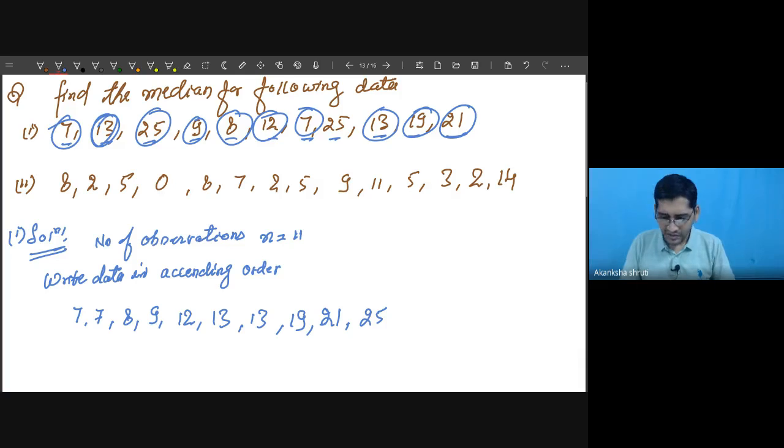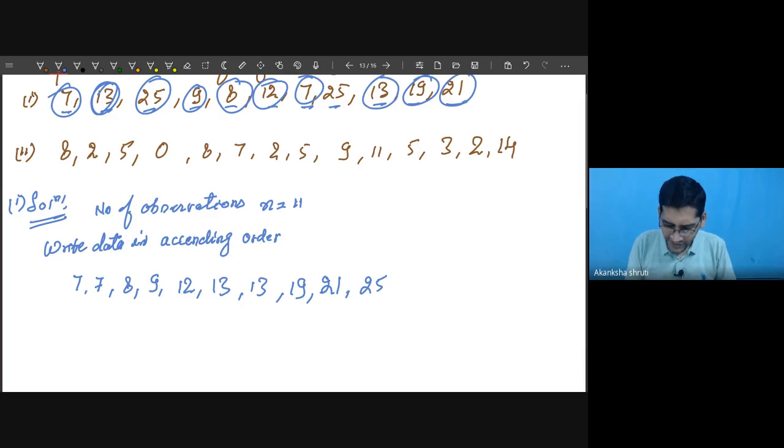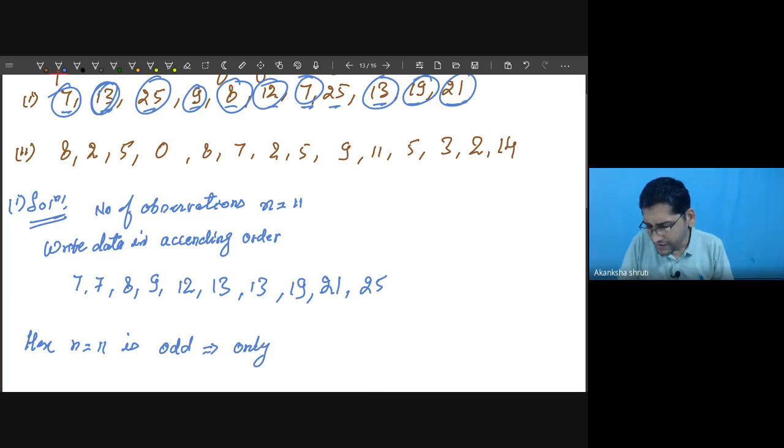Now you have to find here, n is equal to 11, is it even or odd? Odd. So for odd data, there is only one middle data. One data. Data or observation mean the same thing.